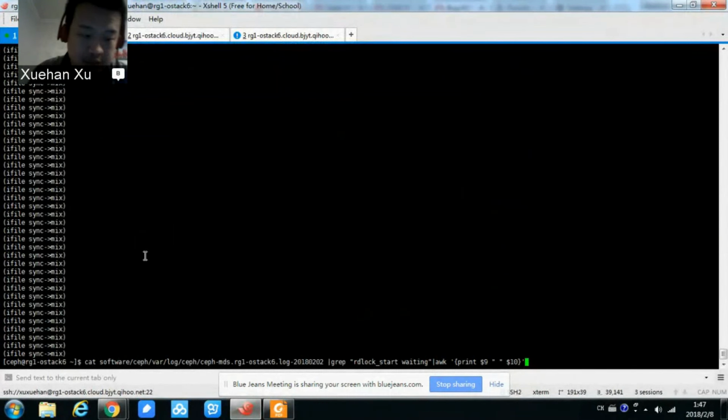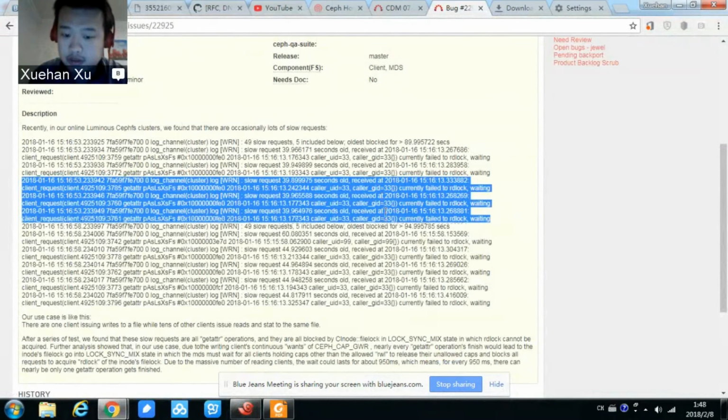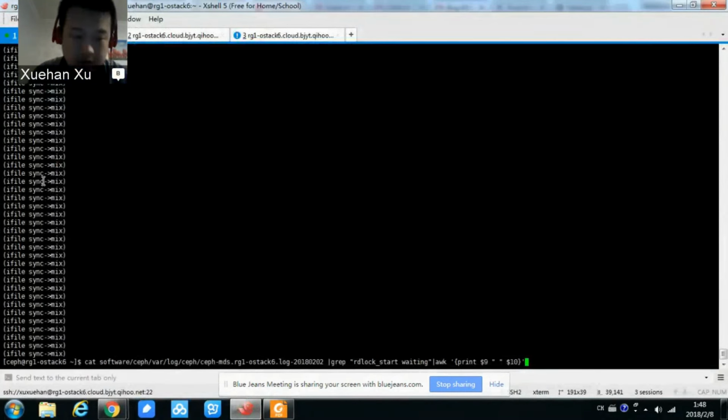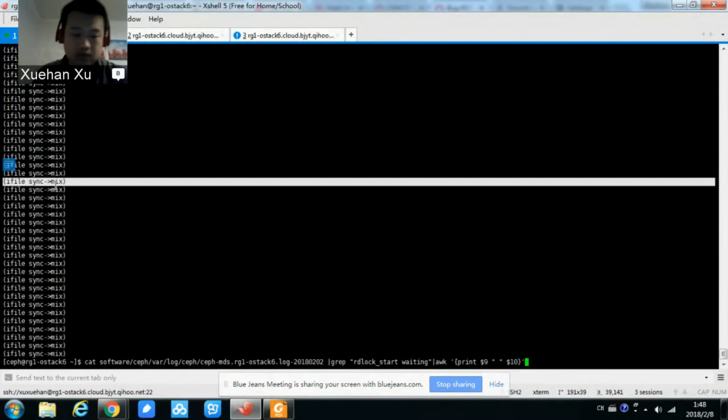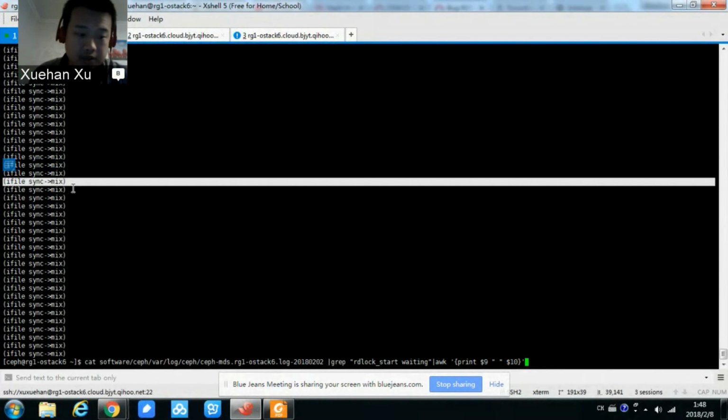First, almost all the slow requests are getattr requests, and they're all blocked by this state, which should be the lock sync mix state.